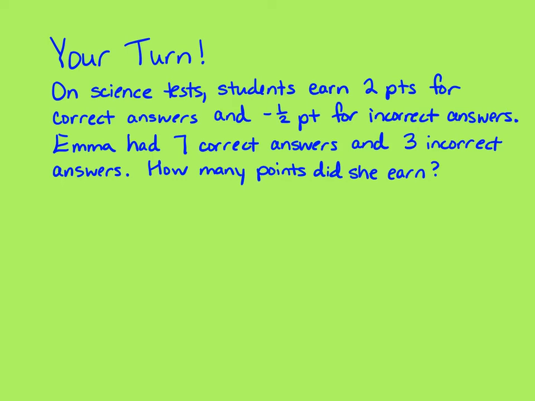So we saw that she had 7 correct answers. For 7 correct answers at 2 points each, we could multiply those to get her total number of points for correct answers. And then we could see her total number of points for incorrect answers by multiplying the number she got incorrect, 3, by the points for each incorrect answer, which is negative 1/2.